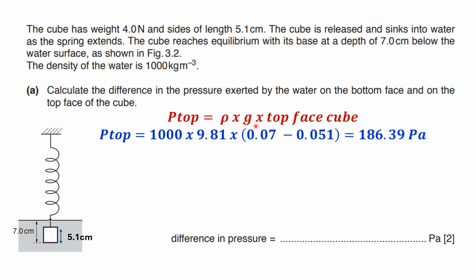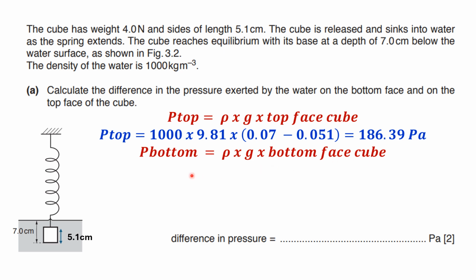The value of the acceleration of gravity is 9.81 meters per second squared. And the depth of the top face is the entire length from the water surface to the bottom of the cube minus the length of the cube. So the multiplication result is 186.39 Pascal.